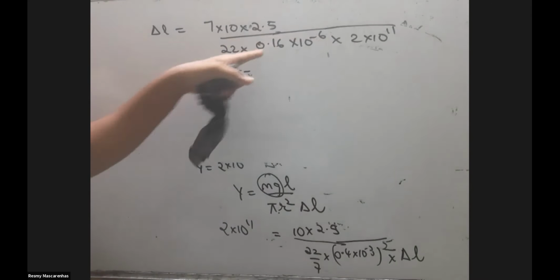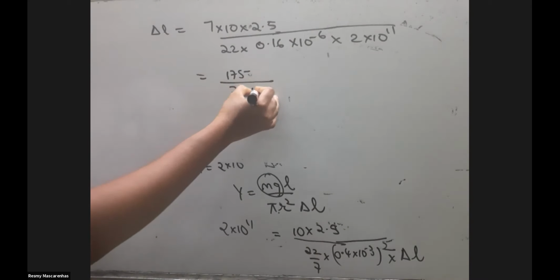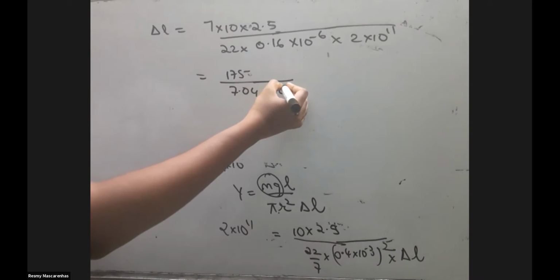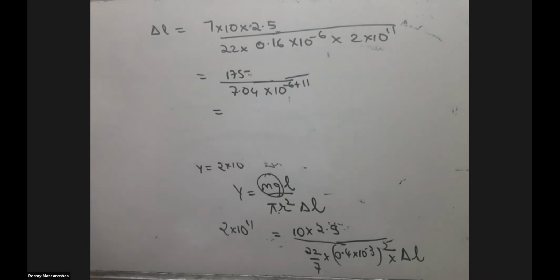Forty-four into 0.16. 175 divided by 7.04.